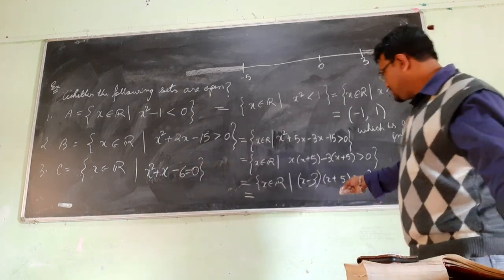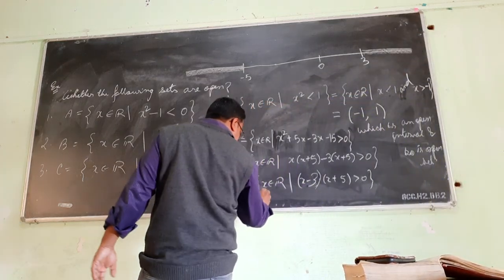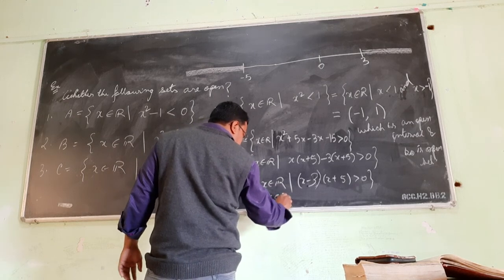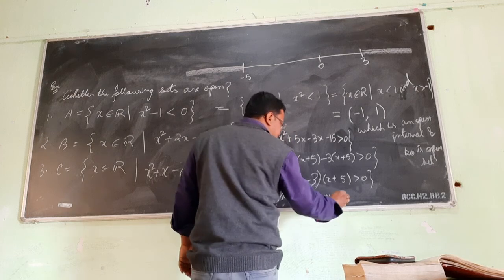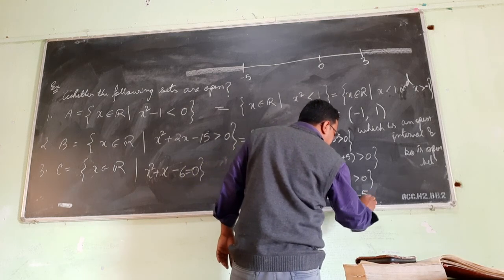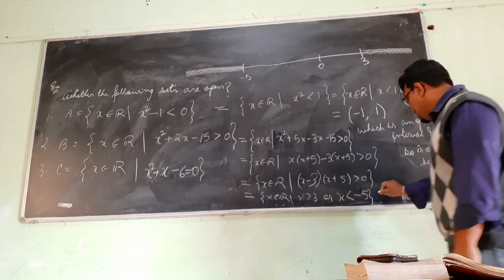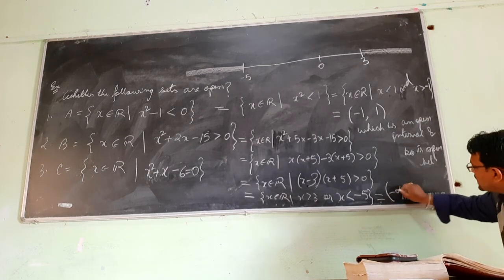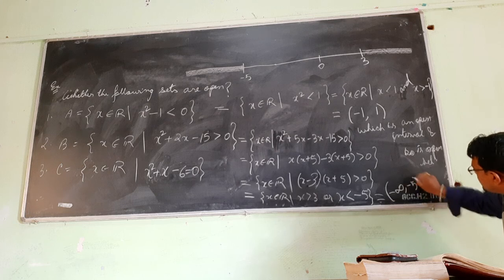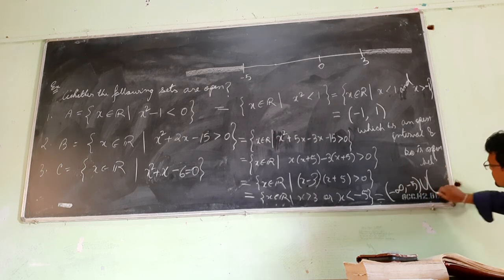So I can write this one as the set of all those real numbers which satisfy x greater than 3 or x less than minus 5. And what is this in terms of intervals? I can write this as minus infinity to minus 5 union with 3 to infinity.